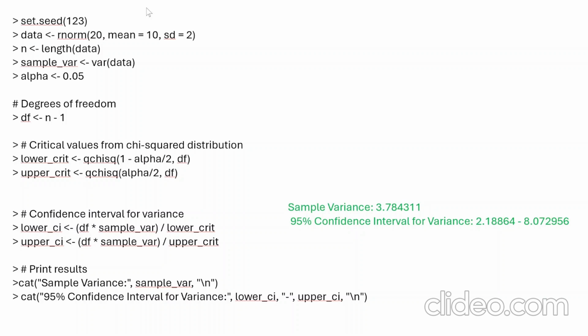Like in C++ we use the cout command, similarly we use the concatenate command, where whatever is within the double quotes, like sample variance and 90% confidence interval for variance, is printed as it is. But for the remaining things we define there, like sample variance or lower CI and upper CI, the corresponding values will be printed.